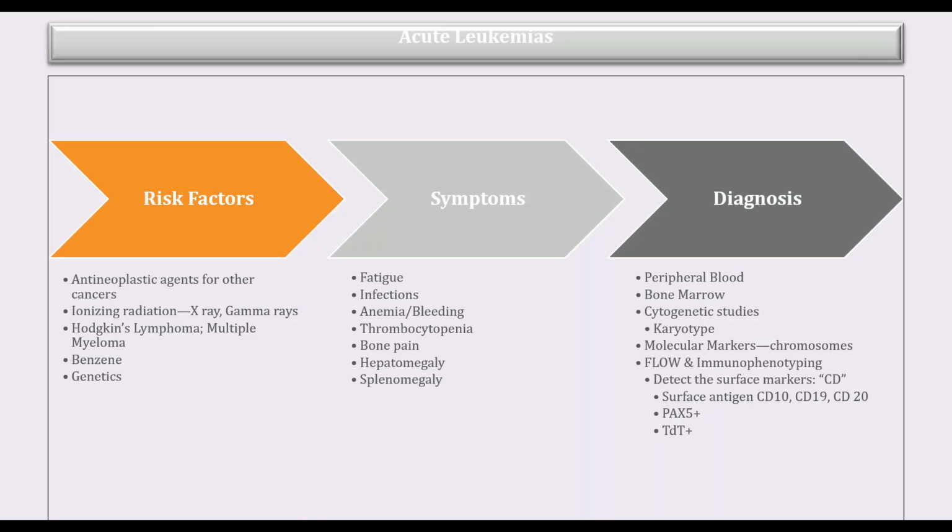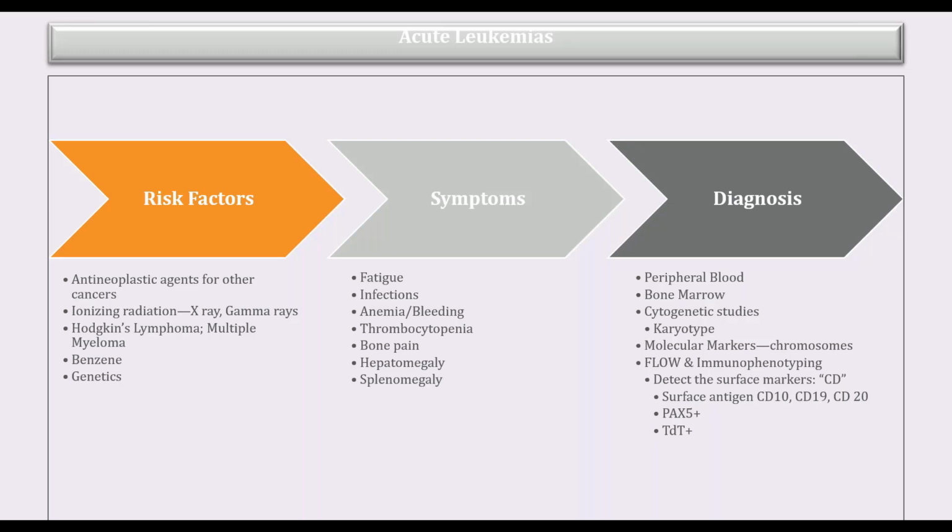And diagnosis would be, we would need an evaluation of the peripheral blood to assess the shape, size, and number of cells circulating. The bone marrow is needed to show what's happening prior to these cells leaving to circulate in the bloodstream. And cytogenetic studies are needed as well.